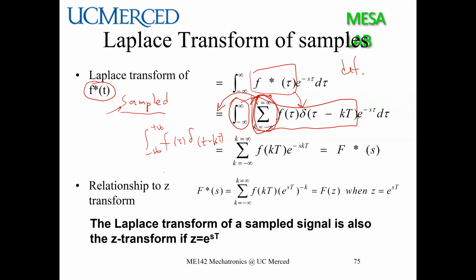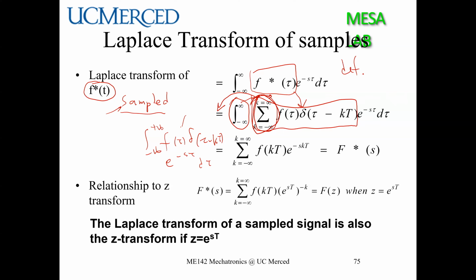and e to the minus s tau d tau. What are we going to get? This one, you know, is 0 when tau is not kT. Sorry, this is not t, this is tau.